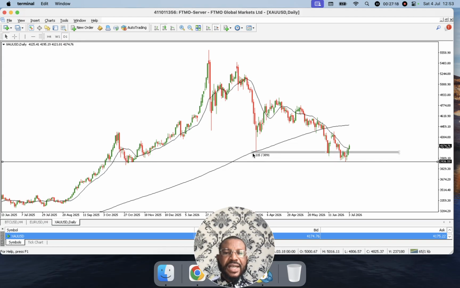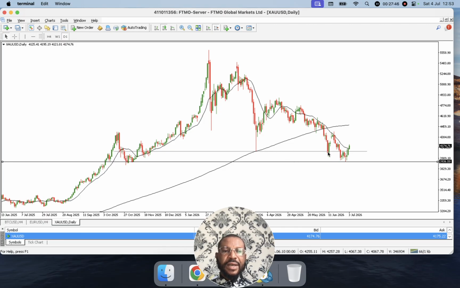So with what the gold has done, in the coming days my bias for the gold will be to the upside, because I can see that price is bouncing off from this demand area. There was a support area, or maybe a demand area, also here in the past. Retail traders were thinking the price would start buying from here because it's a demand area.